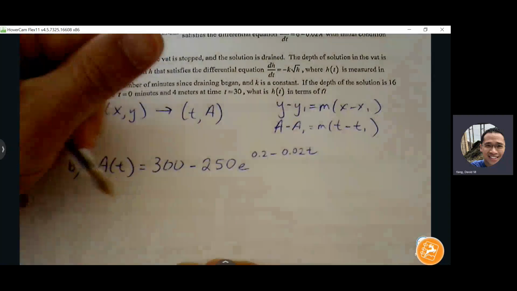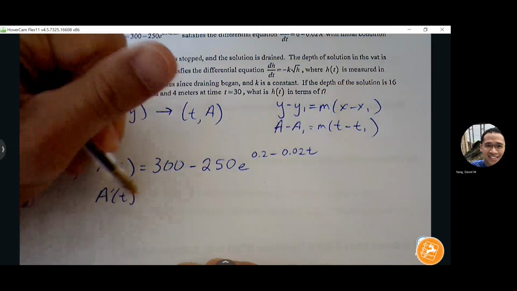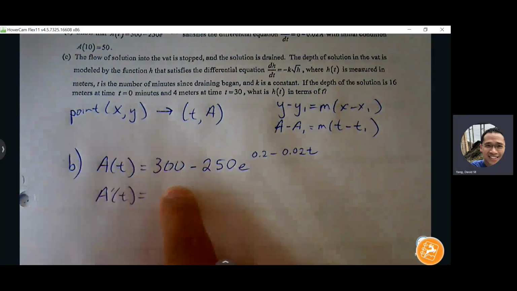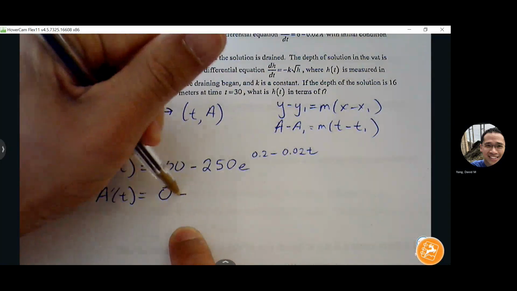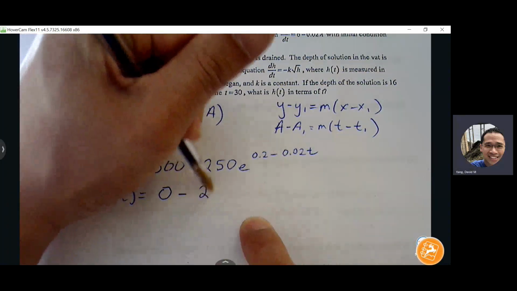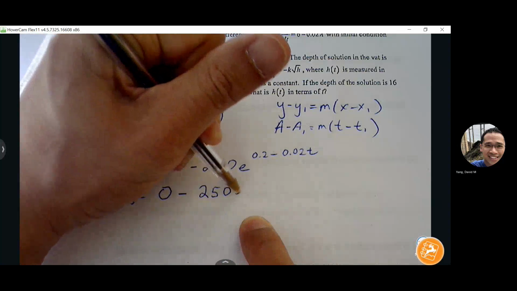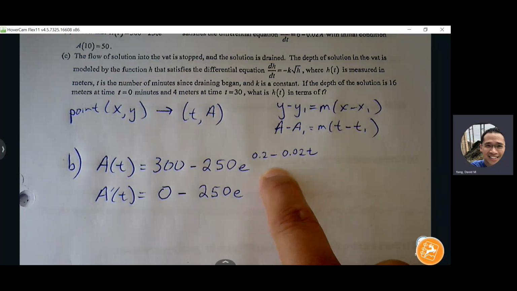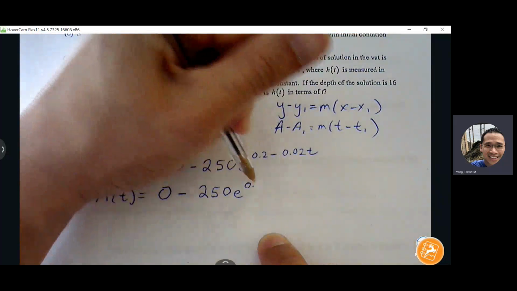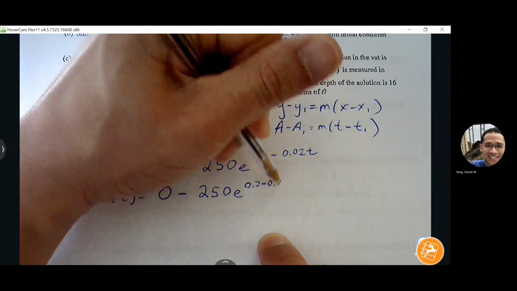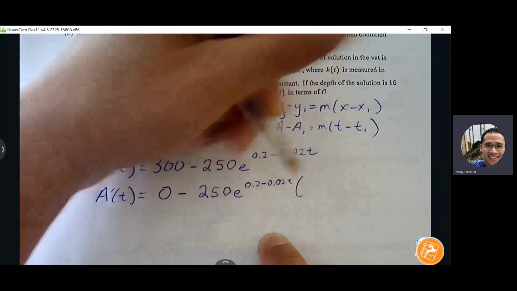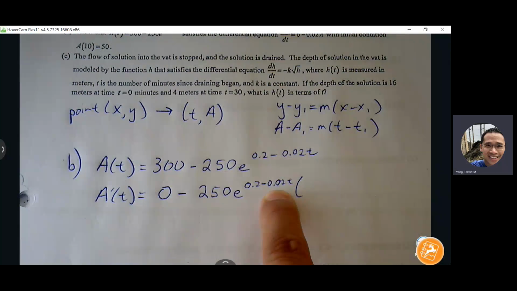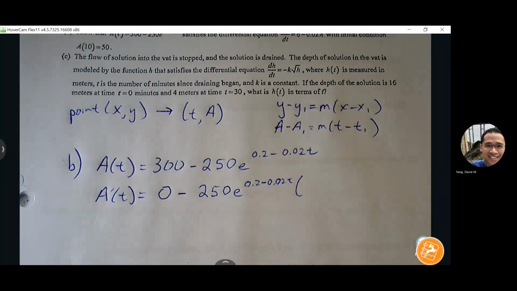When you find the derivative, A prime, 300 goes to 0 and 250 stays. e to the u becomes e to the u times u prime, so the derivative of my exponent is just what?